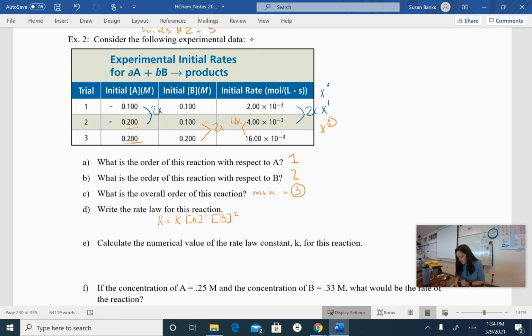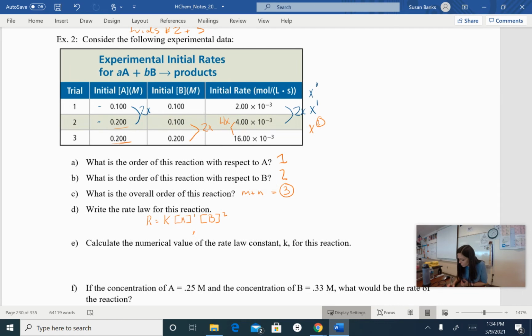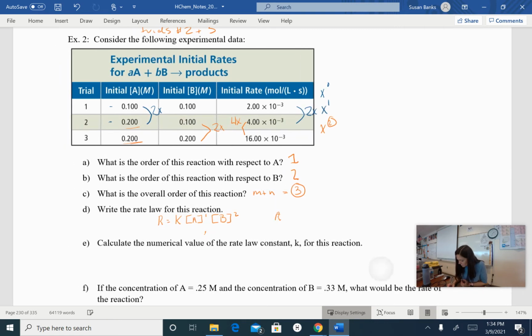Now, an exponent of 1 is always implied, so you don't necessarily have to write it. So I would be totally correct by writing that my rate is equal to K multiplied by my concentration of A multiplied by my concentration of B squared. Both of those would be acceptable.